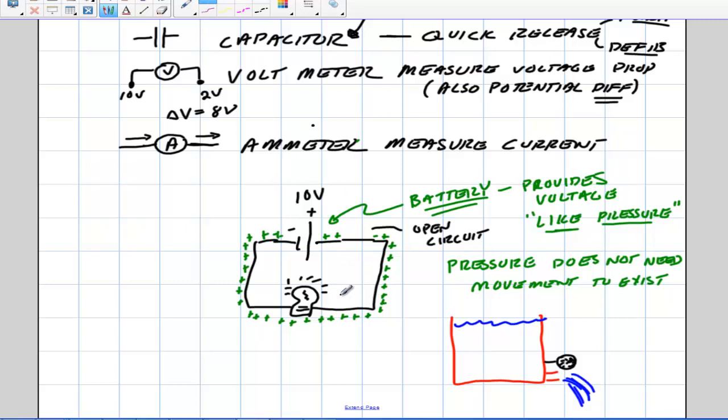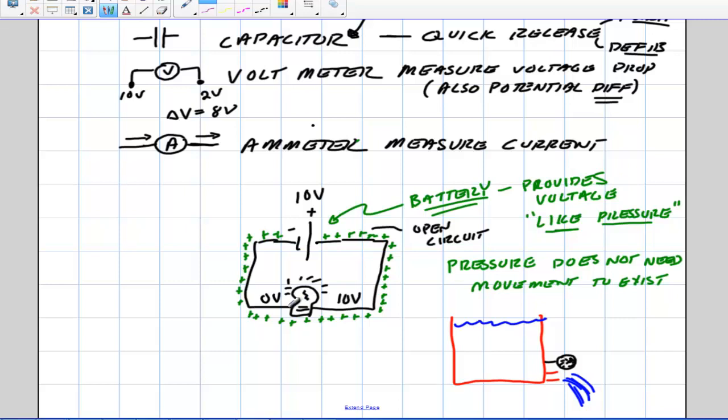So it's going to be 10 volts here, okay, because that wire doesn't have any resistance, so it doesn't slow down the pressure. But then this light bulb does, and after the last element, in this case the first is the last, it's always going to be 0 volts. Okay, so that voltage is going to be 0 volts, and the current is going to keep flowing back here, and the battery is going to step it up again.